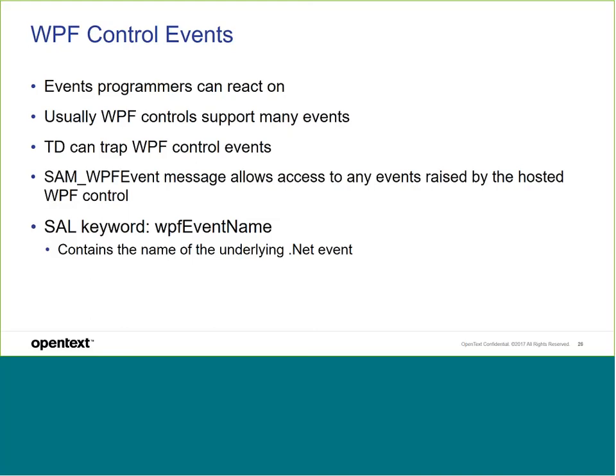And you have a keyword, which is WPF event name, and this one contains the actual event name. So you can easily create a simple application to test the WPF control where you trap the WPF events and put all the events that arrive into a list box to see what kind of events a control fires, for example.